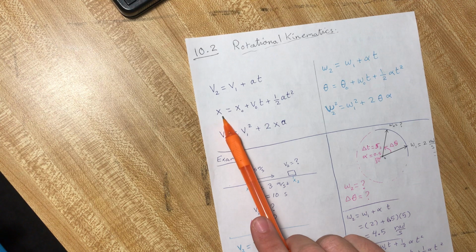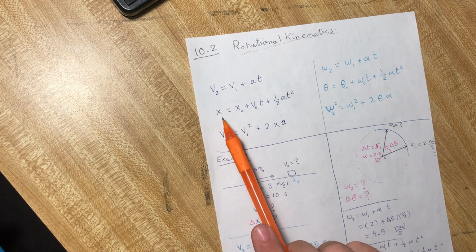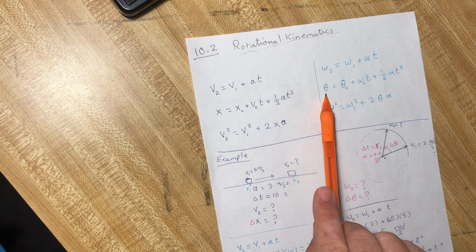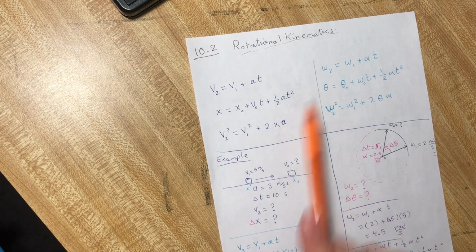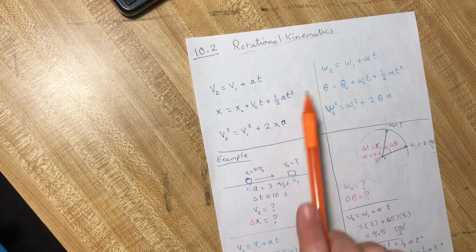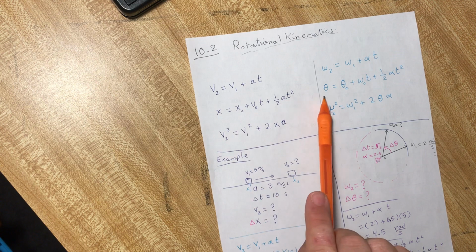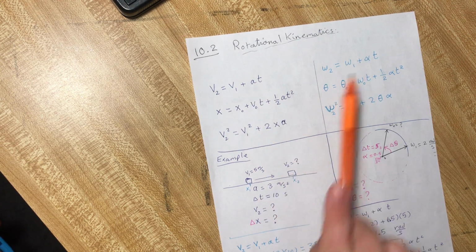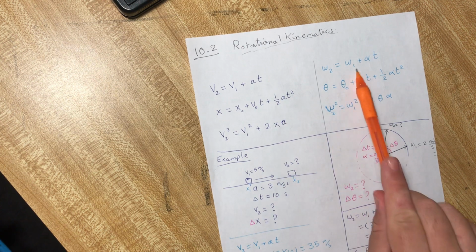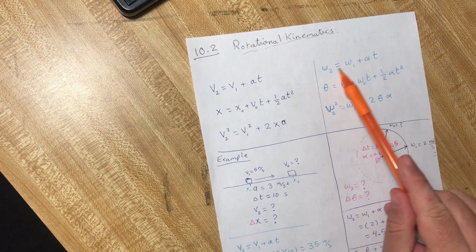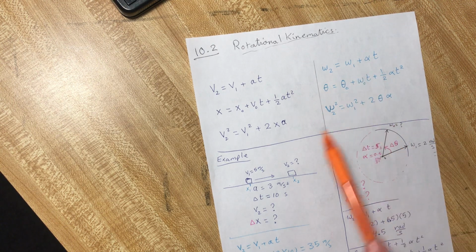Also, x is the linear position, but we have theta as an angular position, x naught becomes theta naught, and so on. So we have x versus theta, v versus omega, a versus alpha. We have the same equations in angular motion. We just need to change the symbols, but they have the same physics to apply.